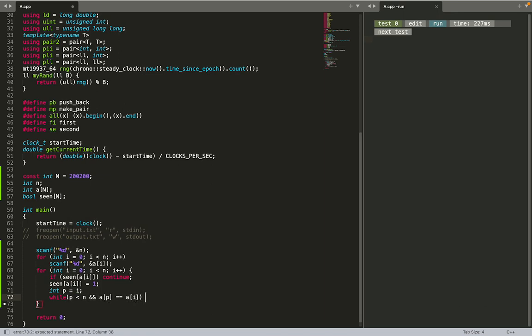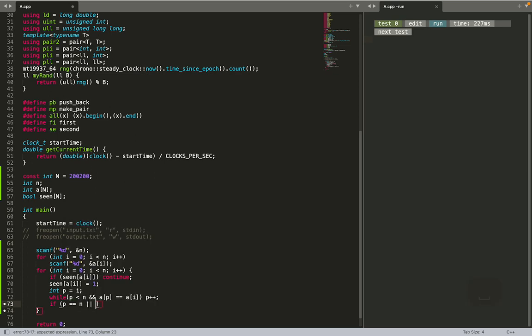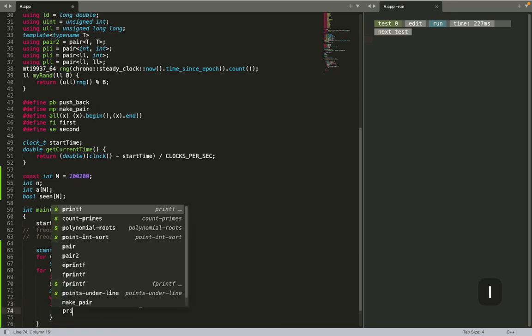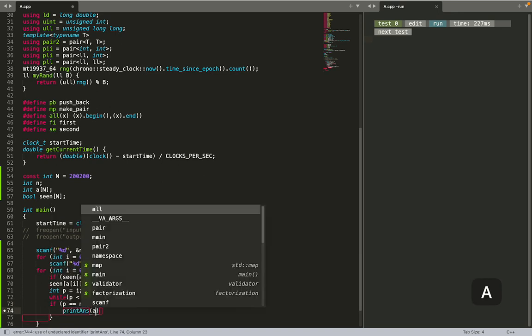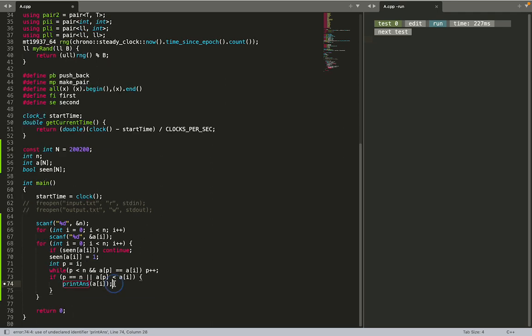So I'm skipping all the elements that are equal to this one. If I have reached the end, then it's good to erase my current element. Or if the next element is smaller than this one, then I call print answer from i, which means to print all the elements which are not equal to this one.